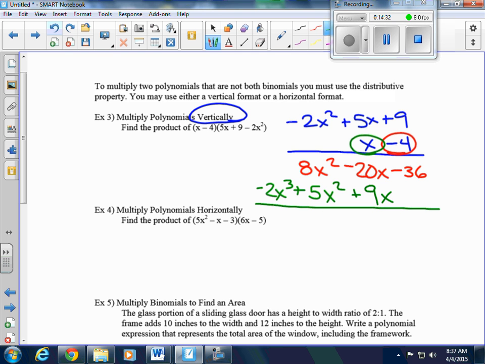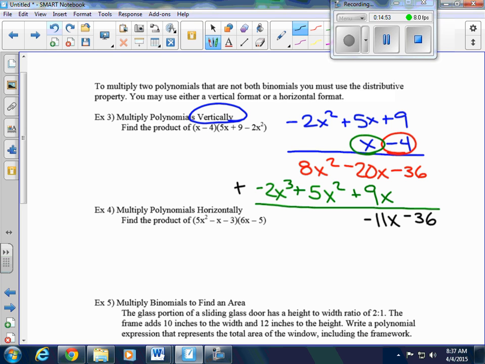So now if we look here, the negative 36 is the only thing I have in that column. Well, that means I'm really adding it to 0 because we're adding these. So it's negative 36. We have the negative 20x plus 9x, that's negative 11x.